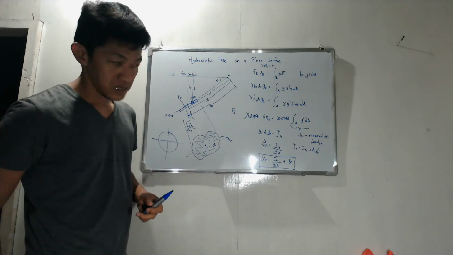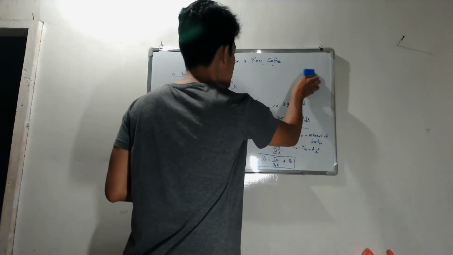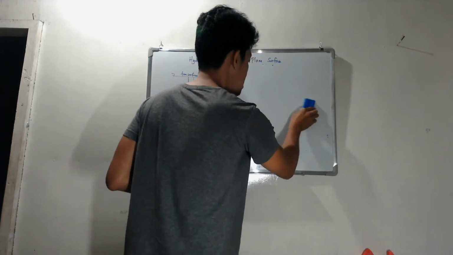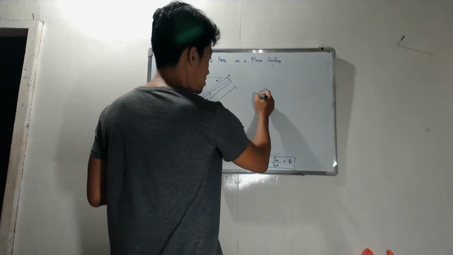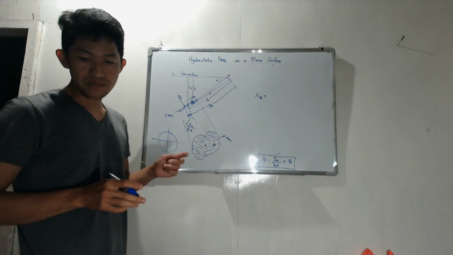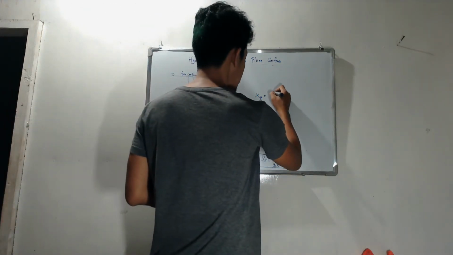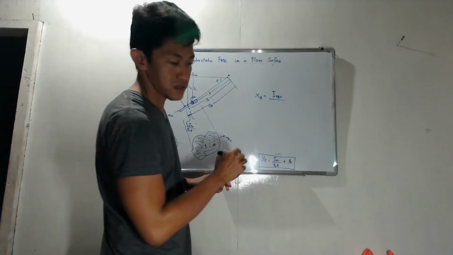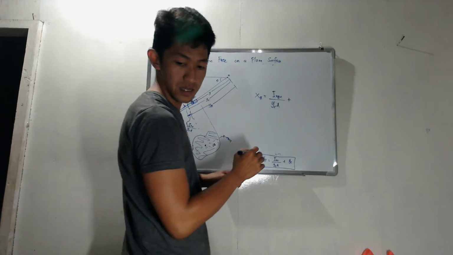For its partner, the location x sub r, you do the same process: you sum the moments with respect to y, and you will get x y c over y c A plus x sub c.